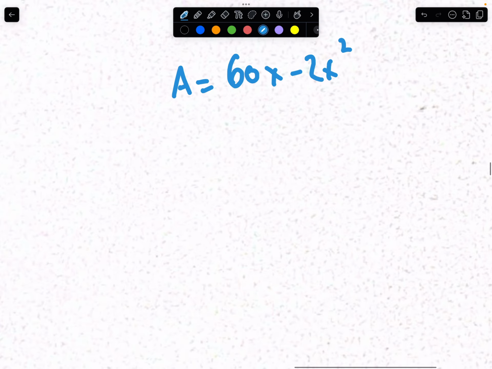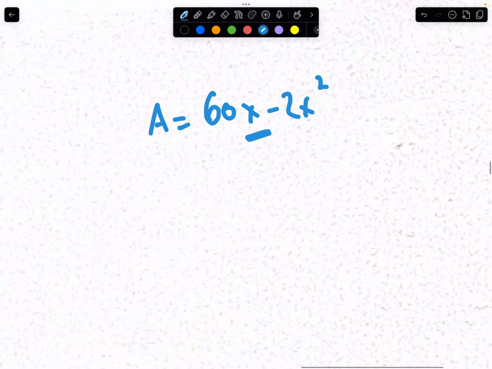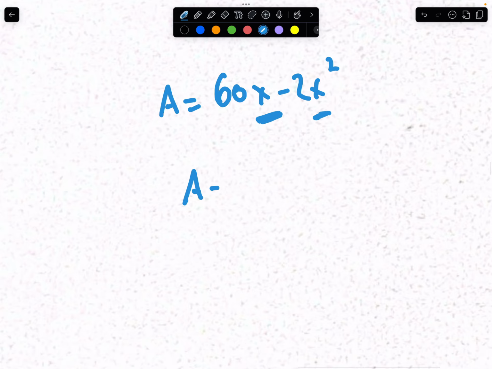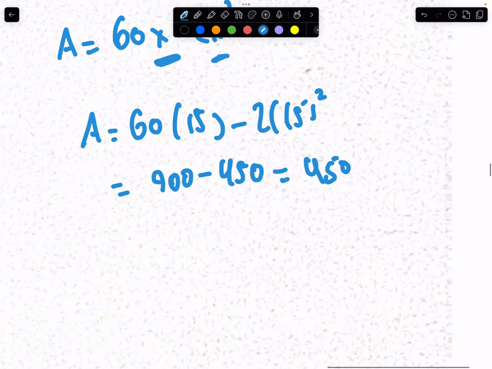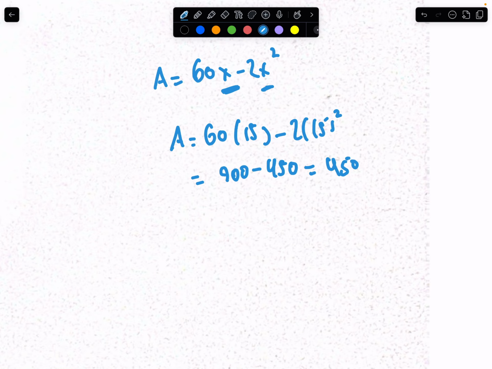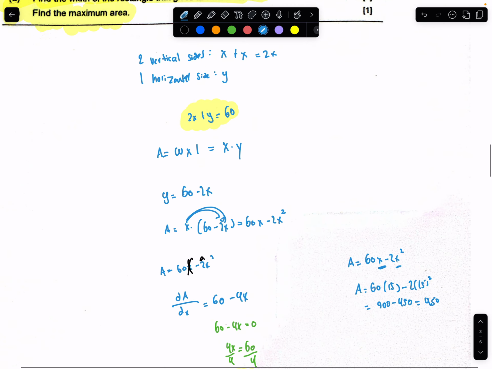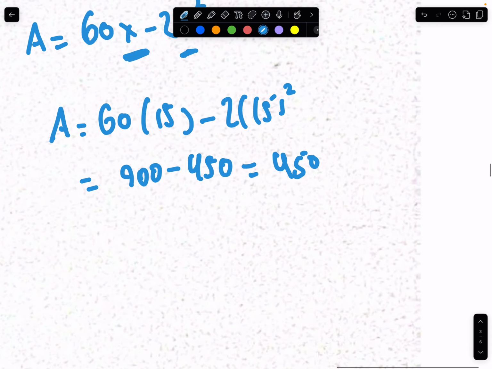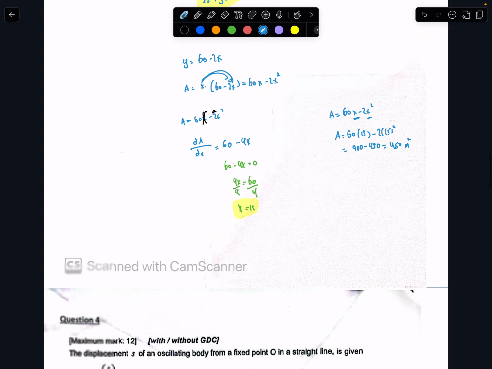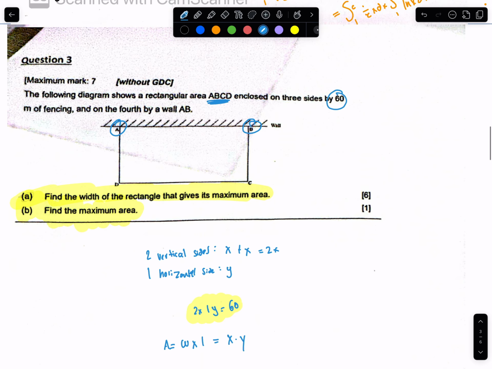Now substitute 15 into the x's, which will equal 900 minus 450, and that will give us 450. Now that's how you could find the answer. Don't forget meters squared. That's how you solve a question easily.